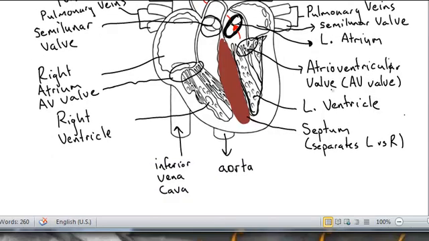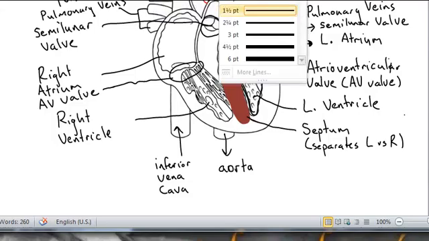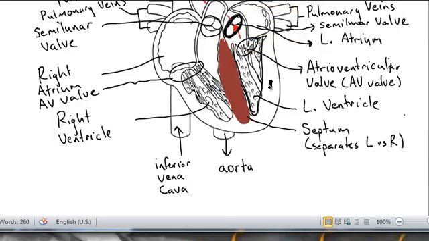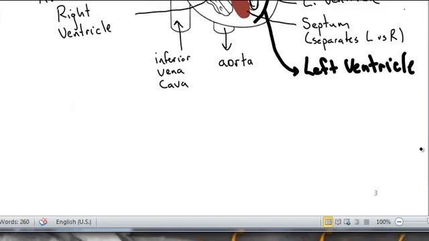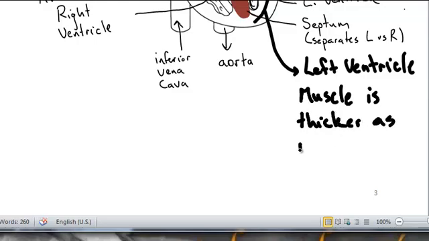and to the body. And one interesting thing is, if you see a well-drawn picture of a heart, a correctly drawn picture of the heart, you will often notice that the left ventricle muscle is thicker as it must pump to the body.